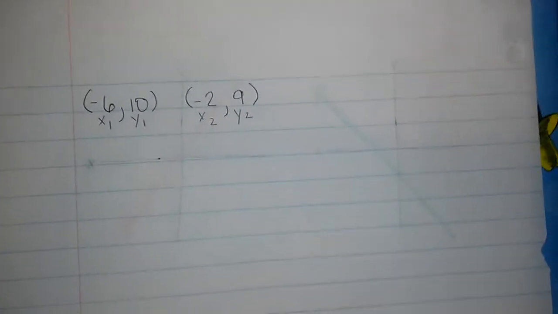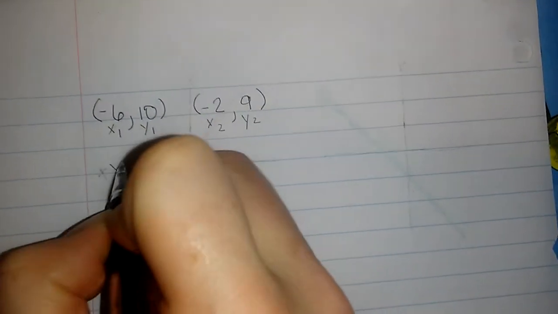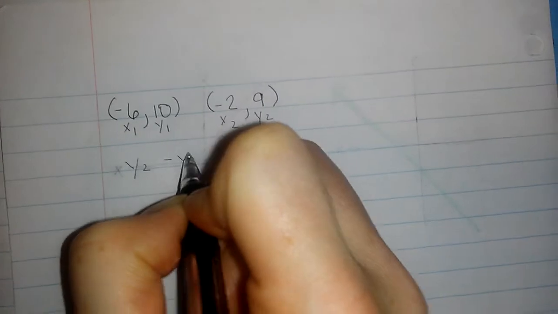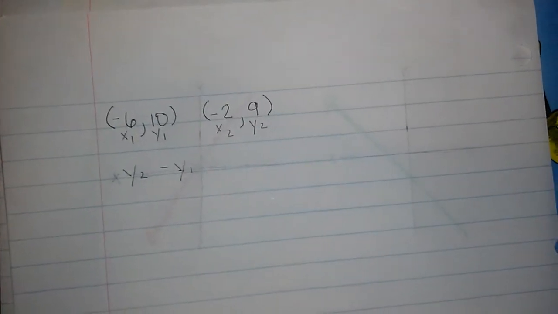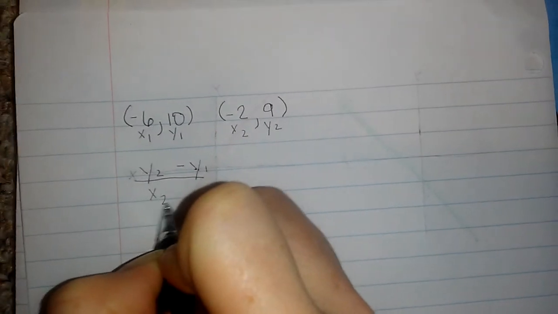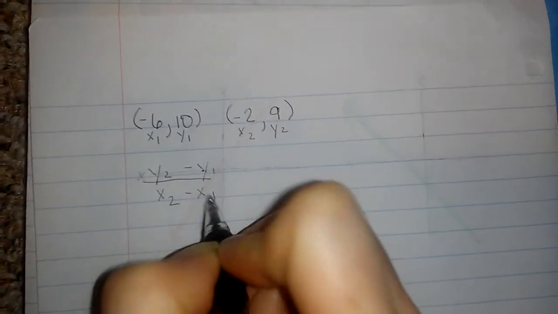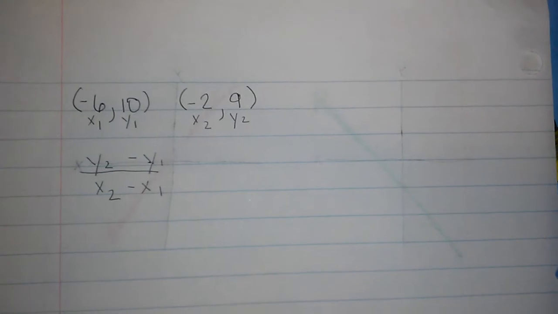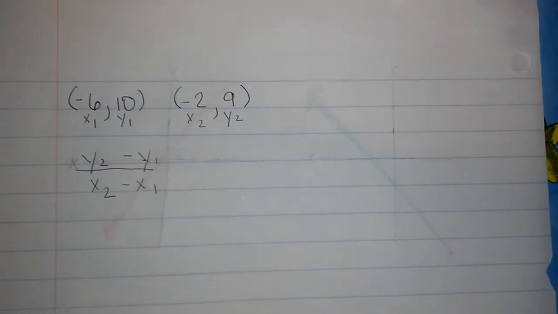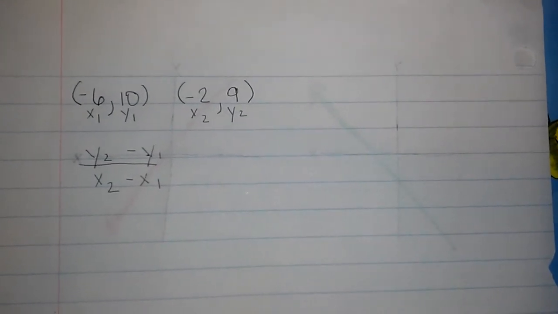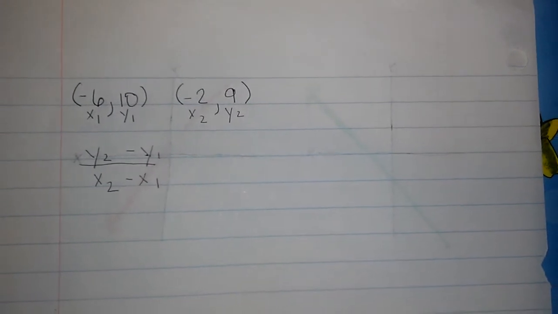We are going to do our slope formula. y2 take away y1 over x2 take away x1. And at any point in time, if you need to pause the video to copy, please do so. Third step is to plug in.